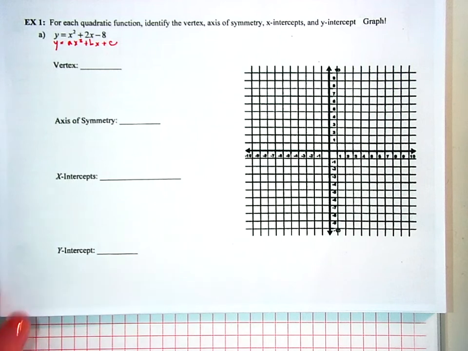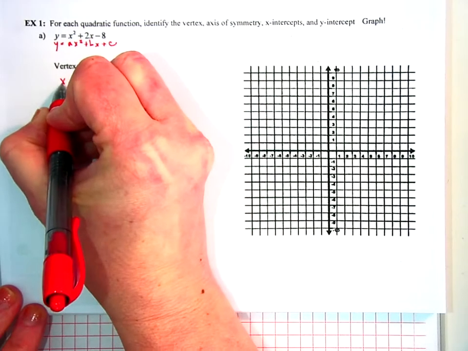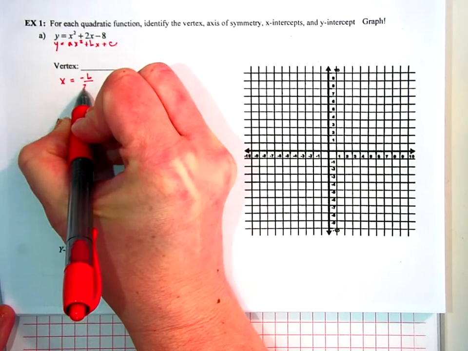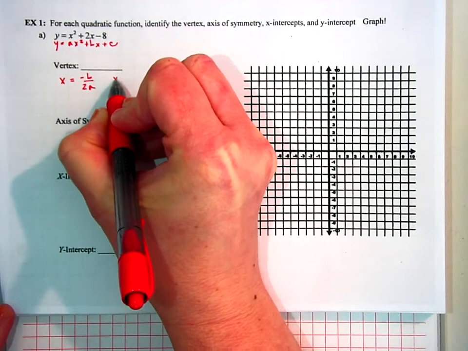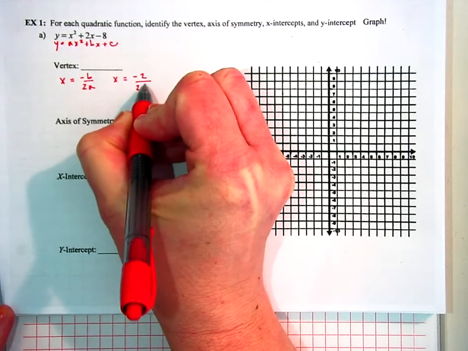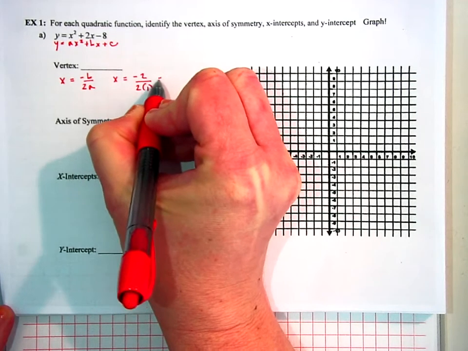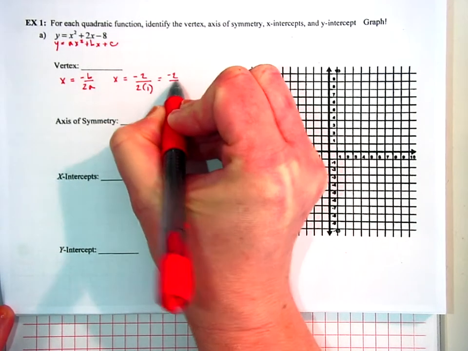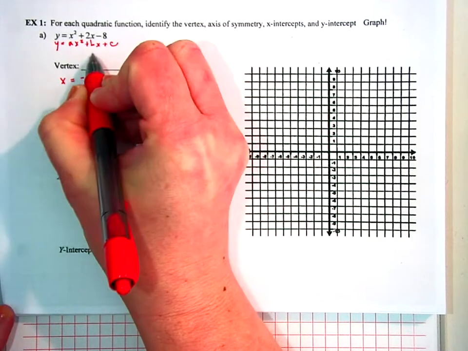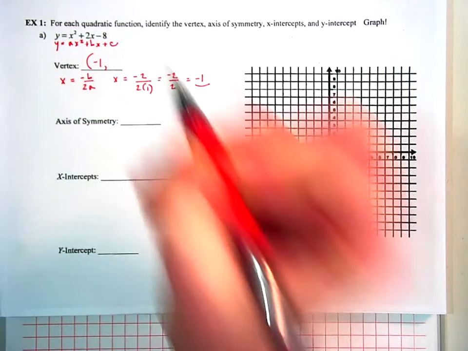So to get to my vertex, I know that x equals negative b over 2a. So in this context, that would be negative 2 over 2 times 1. So negative 2 over 2 is negative 1. So I know that the x-coordinate is negative 1.